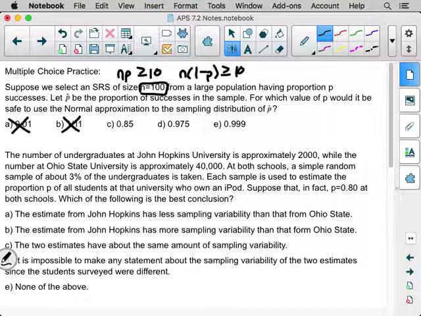0.85. All right, 100 times 0.85 gives me 85. Well, that's awesome. But if it works here, doesn't it also have to work here? Shouldn't we check both of them? So 100 times 0.15 still gives me 15. Did letter C meet both of my criteria? Yes. So is C the answer?